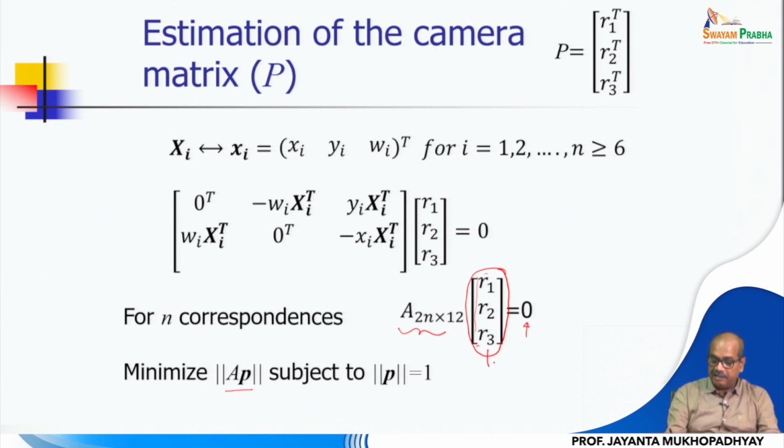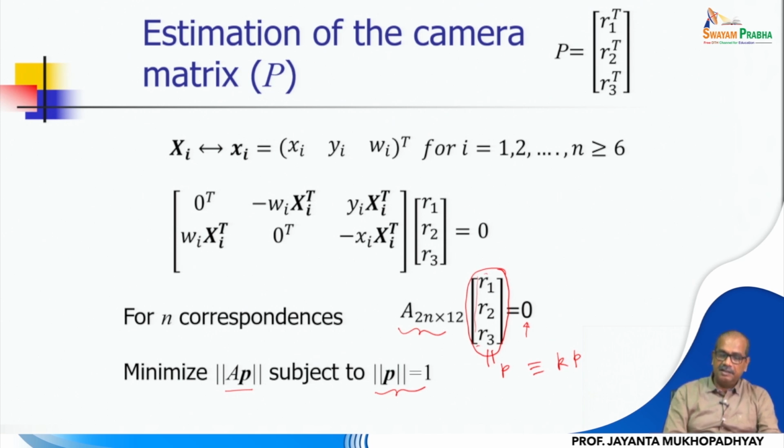P is a 12 cross 1 vector, and we consider it normalized, that is, its magnitude is equal to 1, because any solution P is equivalent to a solution multiplied by a scale value K. If I know P, I get the respective projection matrix, a family of equivalent projection matrices.